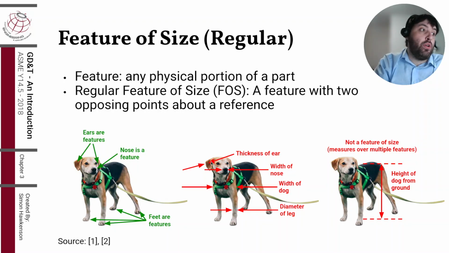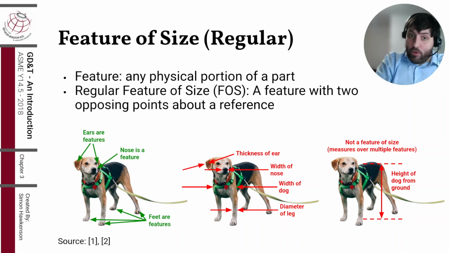Well, you can certainly measure parts of the ear, like its thickness, but you wouldn't really just be able to grab a pair of calipers and measure the overall size of the ear. There's no single dimension that fully represents the ear. That is one of the main differences between a feature and a feature of size.